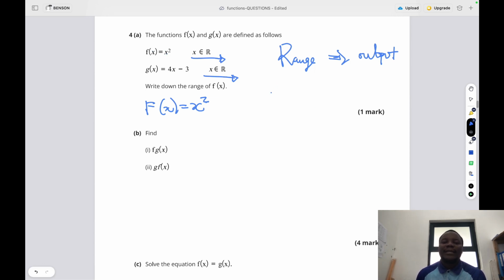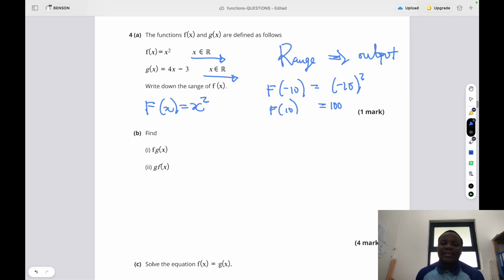You can try random things like, let's say, f of negative 10 if you want. This would just be the same as f of 10, because negative 10 squared gives you 100, the same as f of 10. So all negative values are not going to have an effect on the outcome, because they will all come out positive.